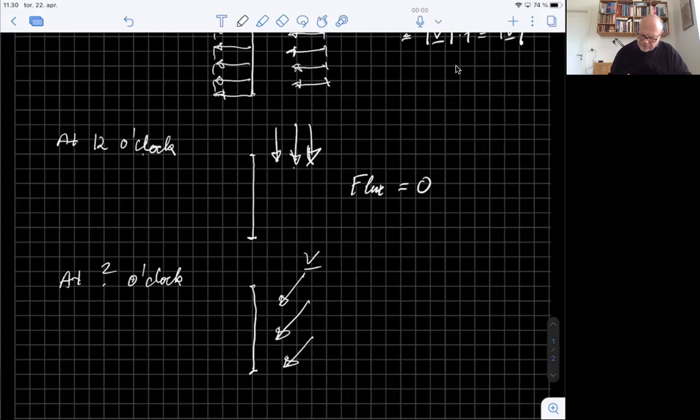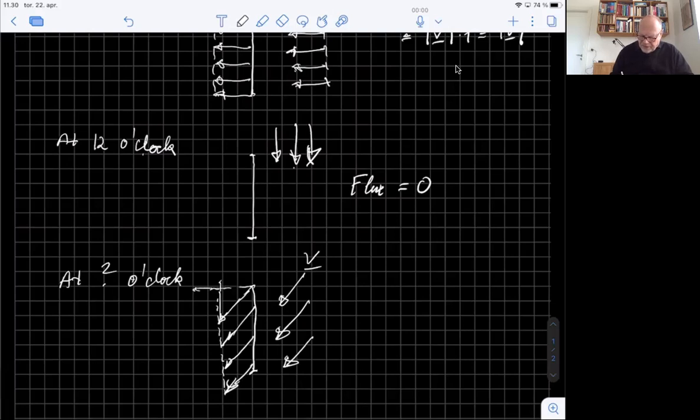This is the vector field V. And so in one time instant, the flow field has advanced like this. And again, the flux is the area of this parallelogram.